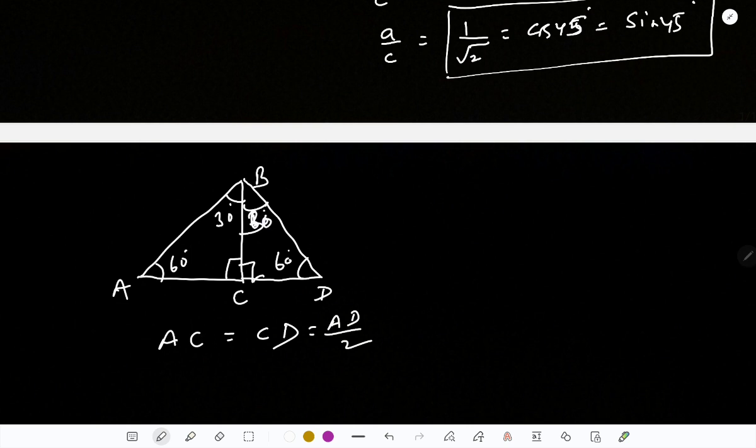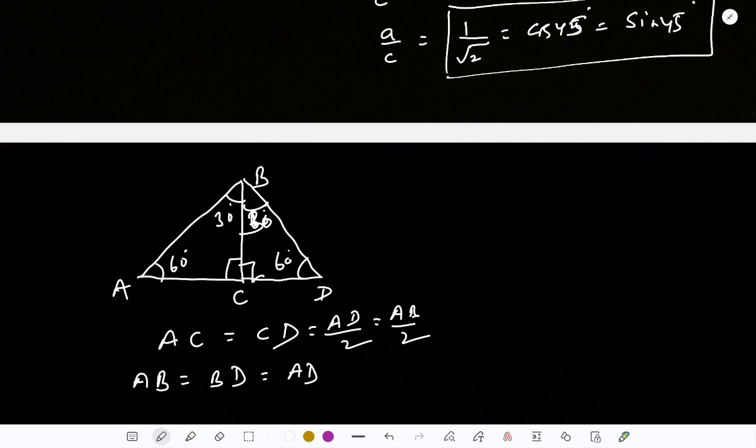That means we started from a right angle triangle, and we have got an equilateral triangle. We have an equilateral triangle right now. All three sides are equal. That means AB is equal to BD is equal to AD. So I can write AC equals AB upon 2 as well, because AB and AD are equal.